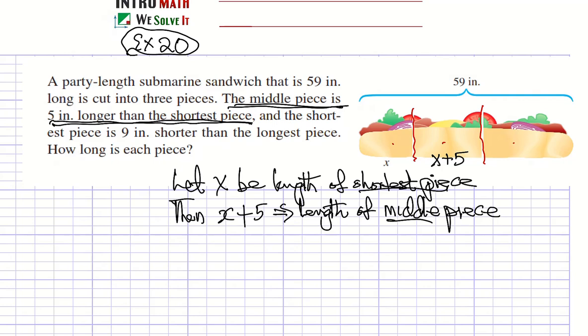You gotta be very careful there. This is the shortest piece, which is x. This is the middle piece. They said the middle piece is 5 inches longer than the shortest piece, and also that the shortest piece is 9 inches shorter than the longest piece. You see that?